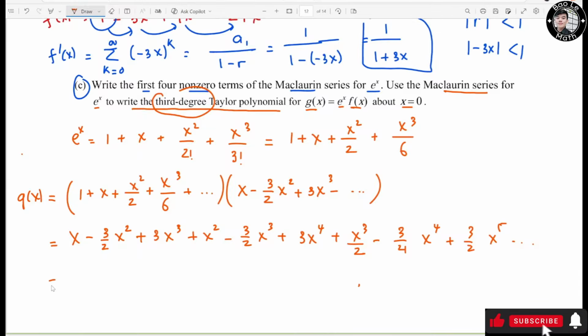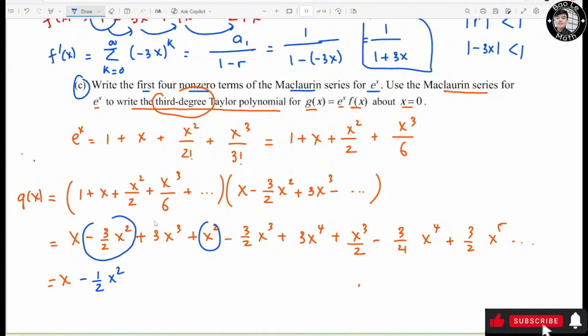Now we're going to simplify. S minus 3 over 2 s squared plus s squared is going to be negative 1 over 2 s squared.